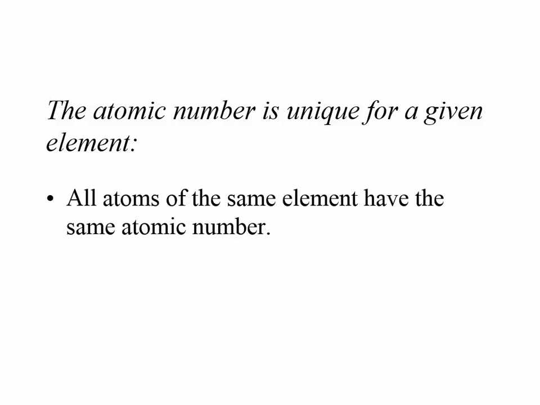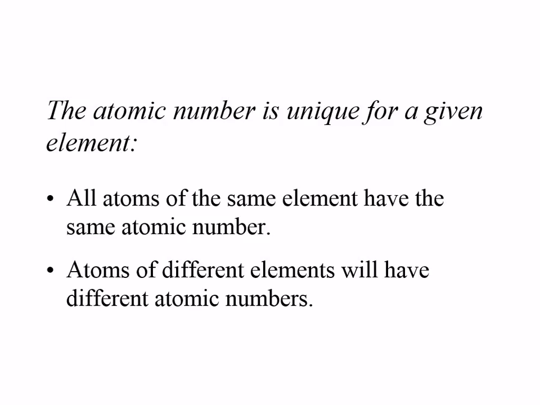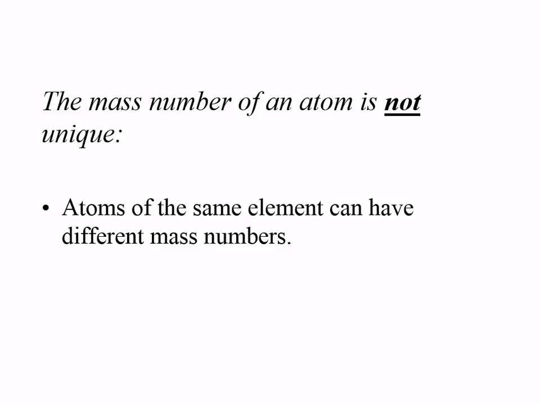Okay. So atomic number, the number of protons, is unique for an element. Okay, that makes sense. Atoms of different elements will have different atomic numbers. But mass number for a particular element is not unique.